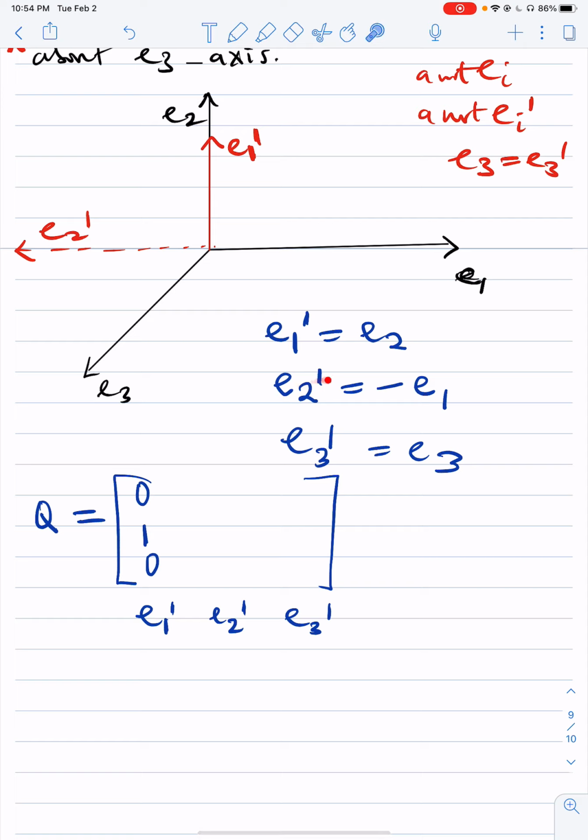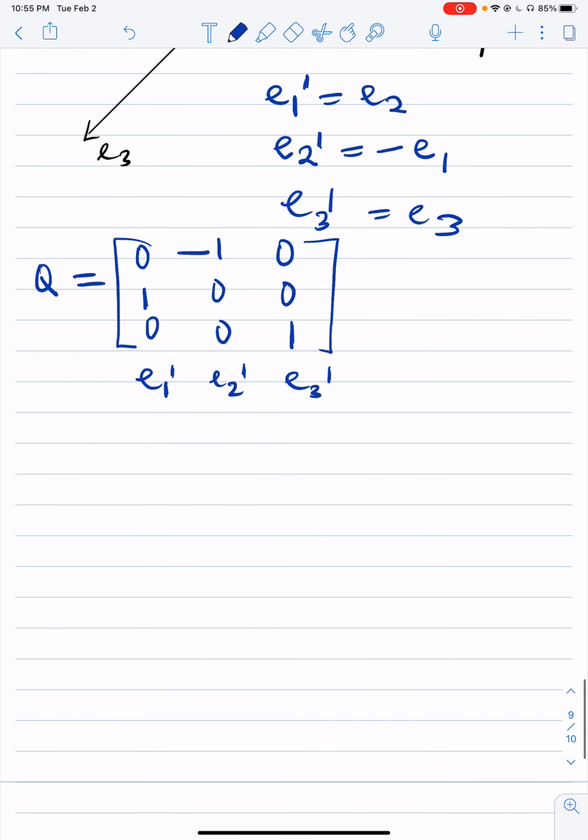E2 prime has -1 for the E1 component, no E2, no E3, so this becomes -1, 0, 0. And for E3, we have 0, 0, 1. And this is the matrix that's responsible for this transformation, right? Good. So that's Q. We have Q, right?